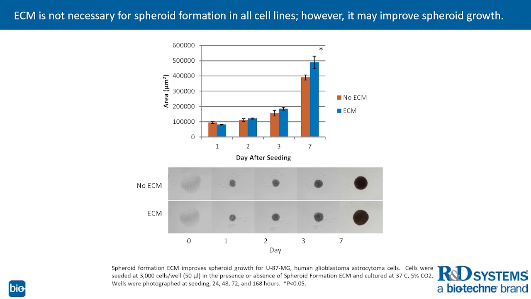However, what we've found is that the addition of the ECM actually appears to accelerate spheroid growth. So it's providing support for these cells to help accelerate the spheroid formation process, which could be advantageous for these models.